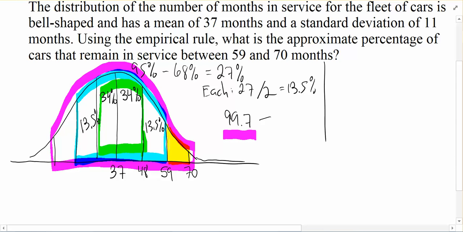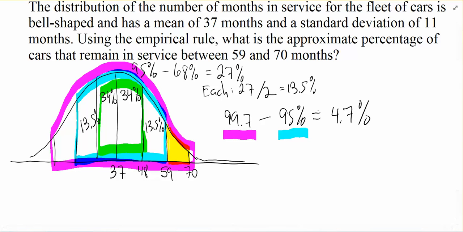But if I subtract off the turquoise, which, remember, was 95%, then that means there's 4.7% split between the 2 outside ends, just between 2 and 3 standard deviations away.